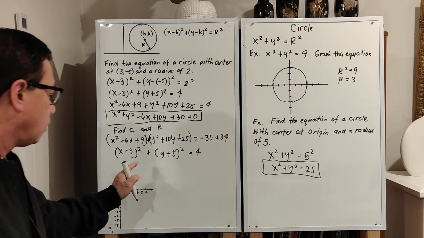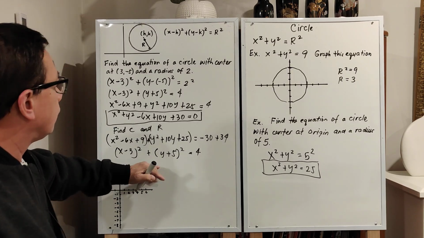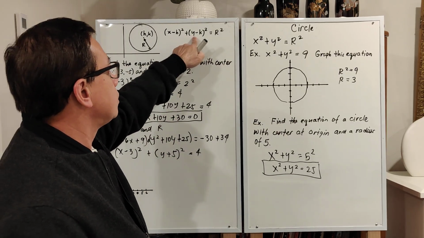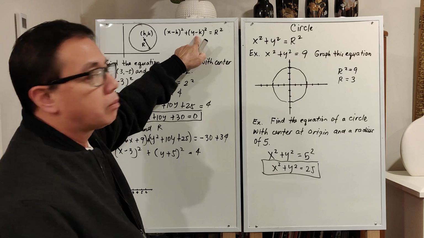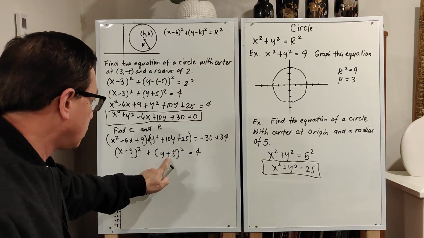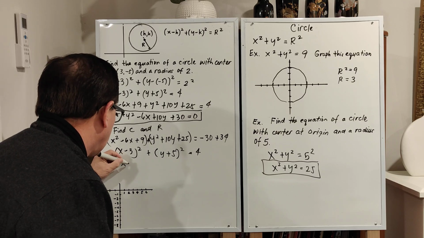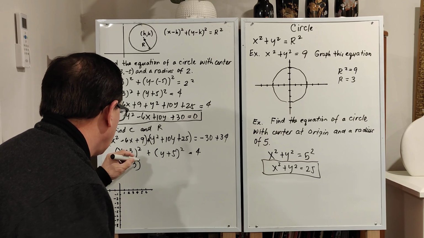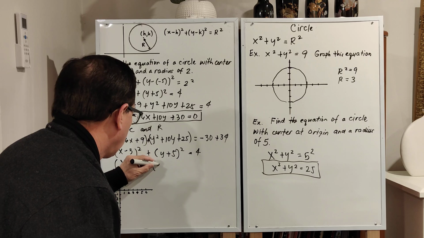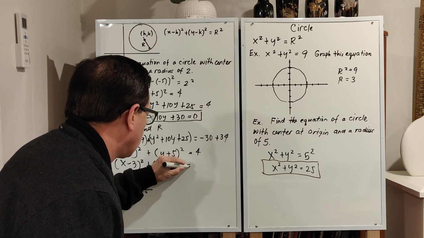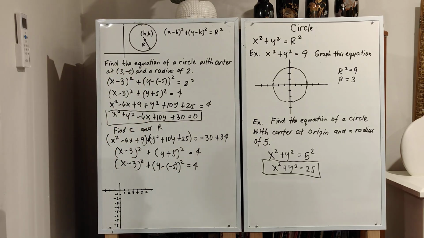Now if we compare this to the standard equation, they're supposed to be minus. So to make this minus, we have to make this into -5. So we rewrite this as x minus 3 squared plus y minus -5 squared is equal to 4.